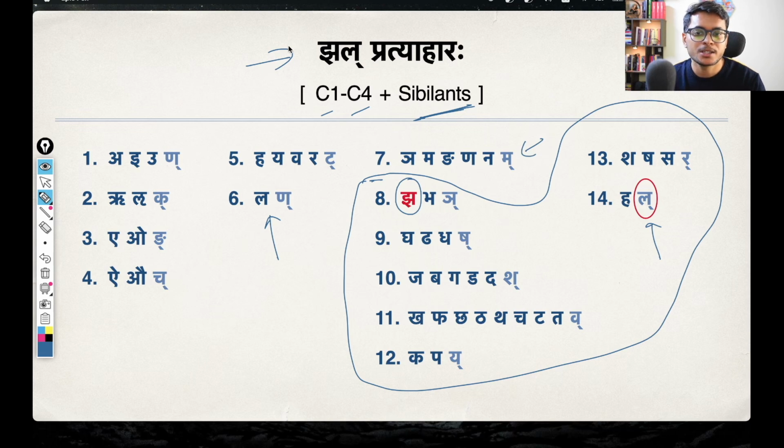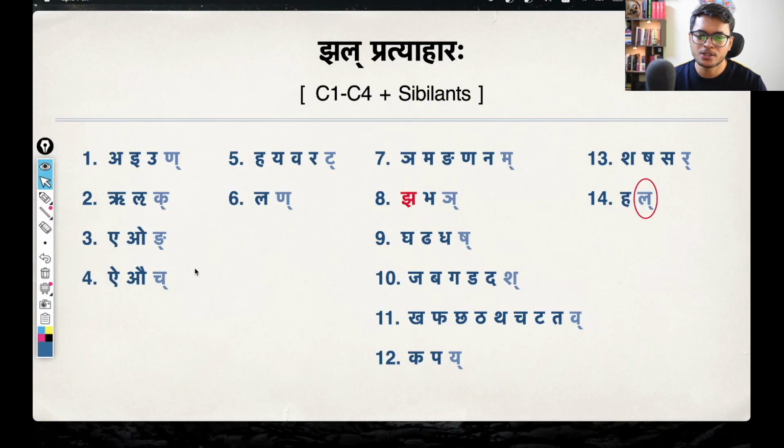Okay, that is why I have written Jhal Pratyahara: C1 to C4 plus the sibilants. And this particular group of letters is again very commonly used in a lot of sandhis. You take this Kutva Sandhi, Chohu Kuhu. In that you have this Jhal Pratyahara again representing C1 to C4 plus the sibilants, if any of these consonants are there. Okay, so I hope this Jhal Pratyahara is also clear.